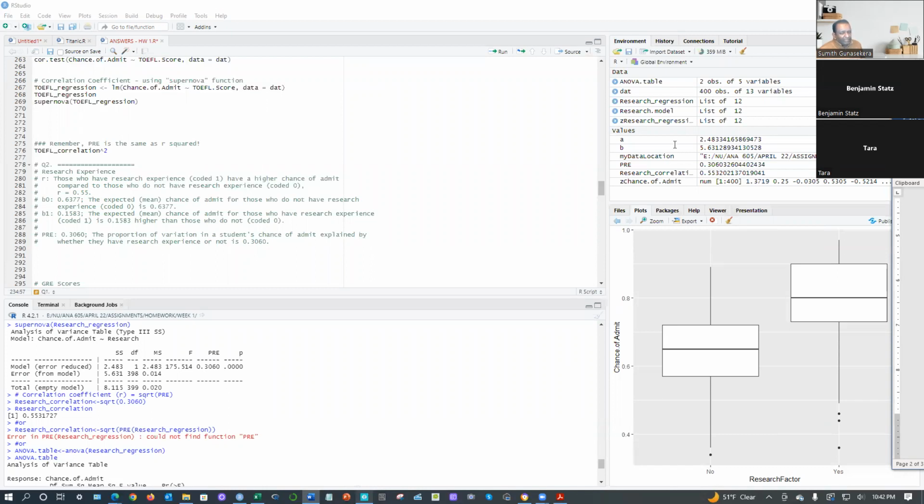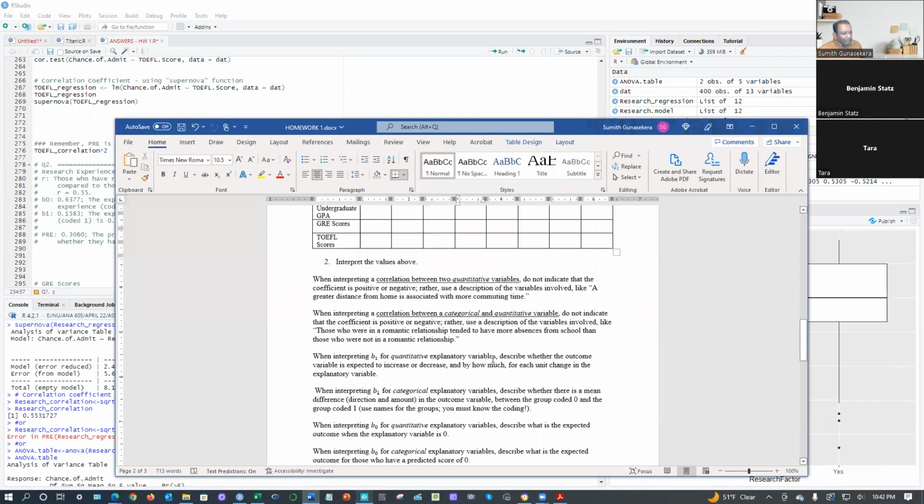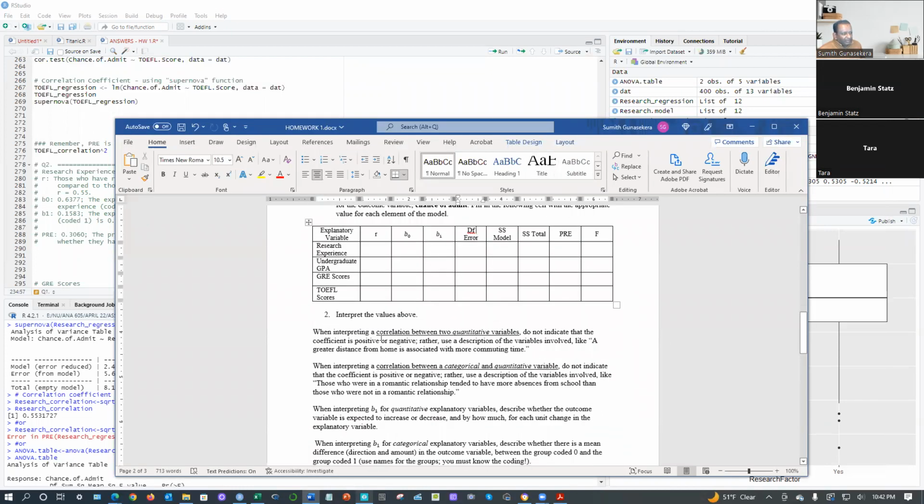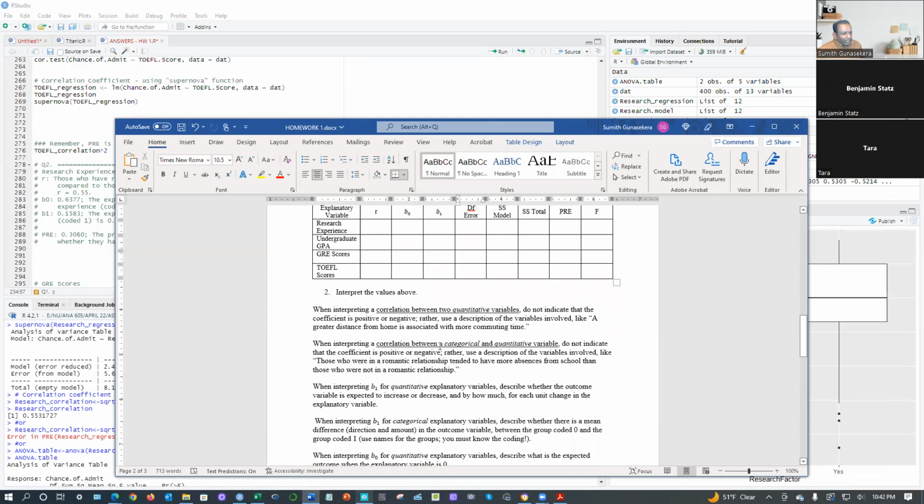Don't write that kind of thing here, because they explain it elaborately in plain English. For the correlation between one categorical and one quantitative variable, do not indicate whether the coefficient is positive or negative; rather, use a description.